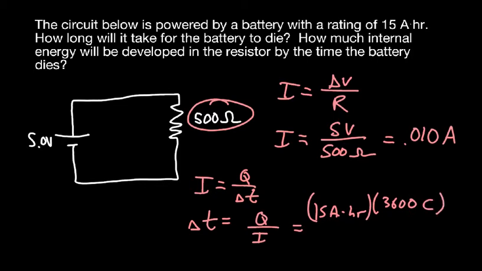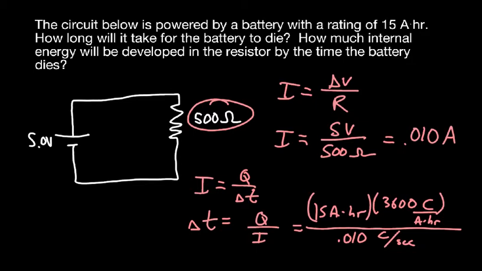So it's 3,600 coulombs for 1 amp hour here. So that's per amp hour. And then we'll divide this by the current, which is 0.010, and that's coulombs per second.